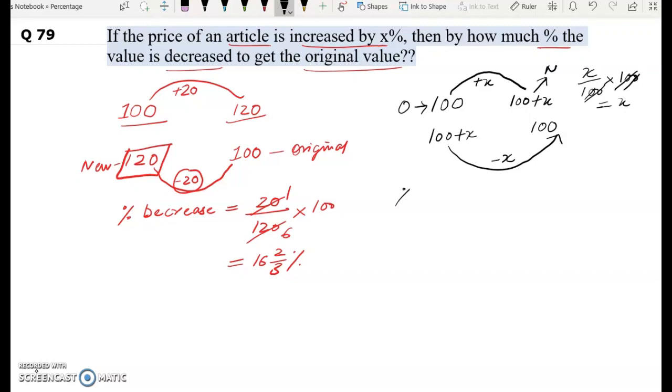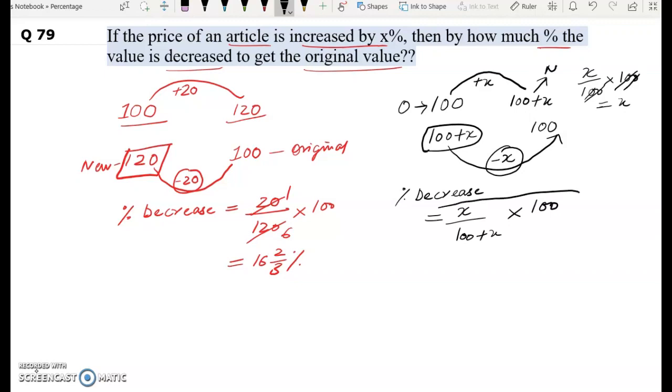So our percentage decrease will be, decrease is how much? X. And decrease is done on this value, 100 plus X into 100. So our answer is the percentage decrease will be X by 100 plus X into 100%. And this is our answer.